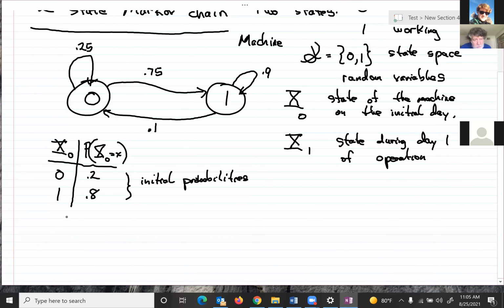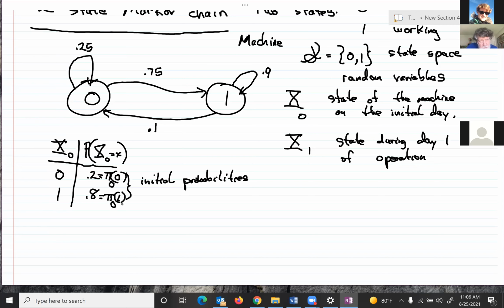And the notation that your book uses for this, this probability he calls pi sub 0 at 0. And this one, your authors call pi sub 0 at 1.